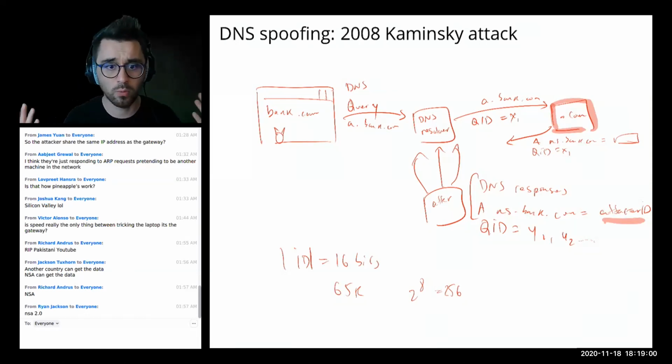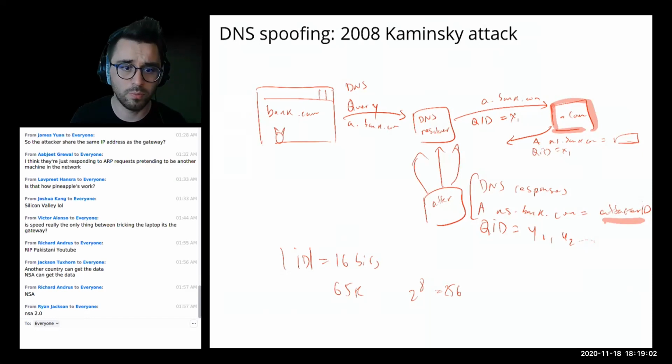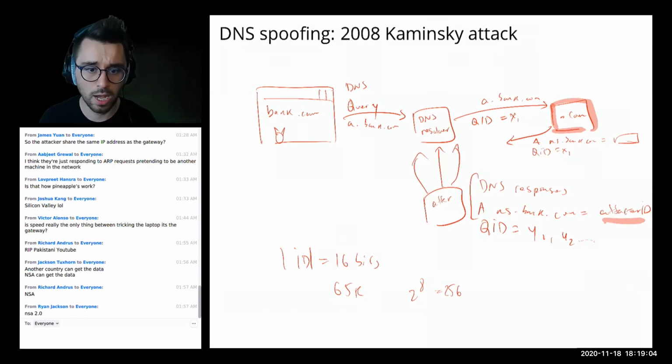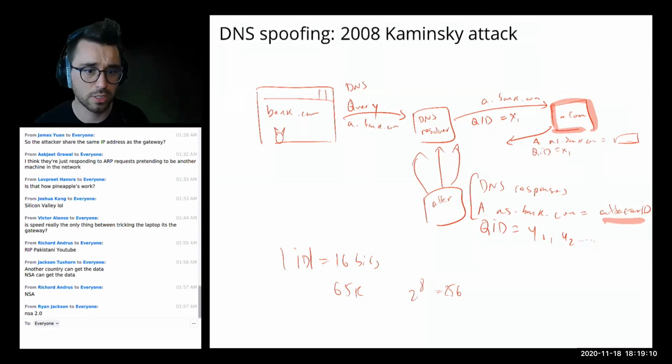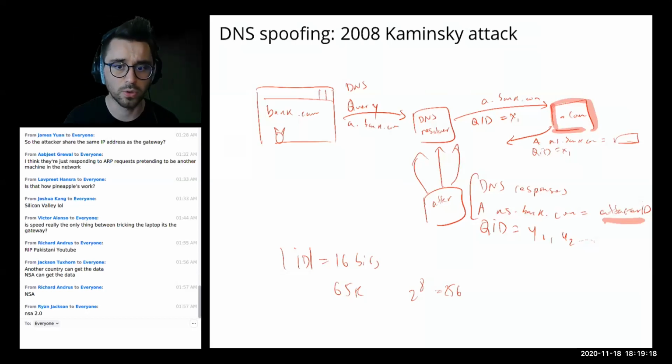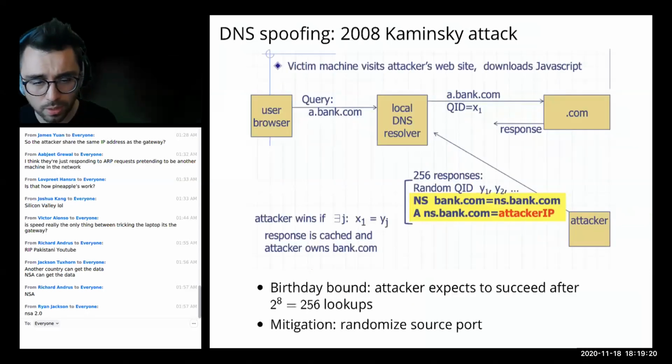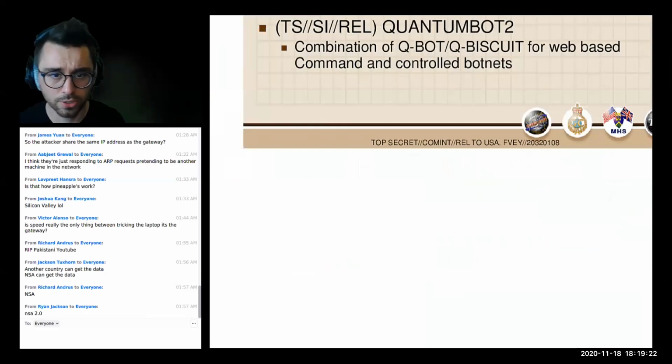By randomizing that, we get an additional 16 bits of randomness. And now suddenly it gets much harder to actually carry out this DNS spoofing attack. So this is what your DNS machines would do today. They'd actually randomize both, not just one. Okay, so this is the fleshed out version.